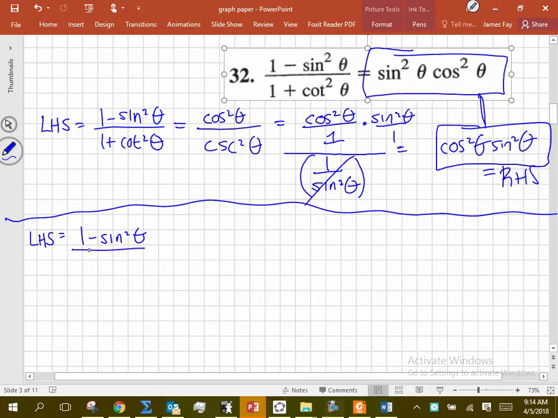Okay, so you took this over here. So this there you put 1 plus cosine squared over sine squared, right? Okay, then what'd you do? Then I just took, I'm going to show you.